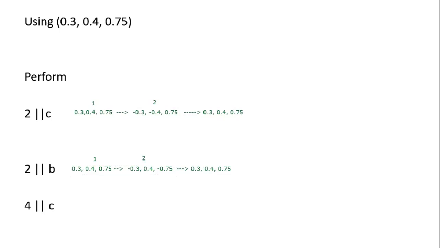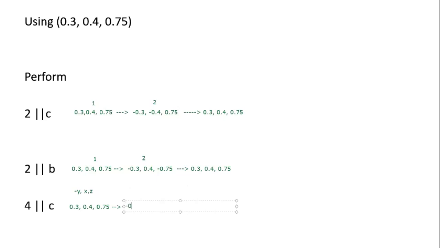Now for a fourfold, so we have 0.3, 0.4, 0.75, and this is parallel to the C axis. So remember, for fourfold, the basic operation is negative y, x, z. So each time you're going to take the negative of the y and make that the x, and then the x becomes the y. And you do that 4 times.